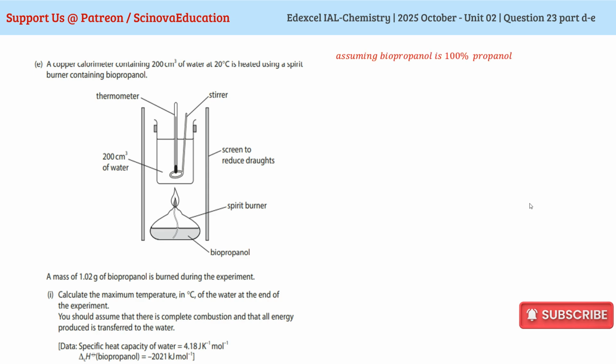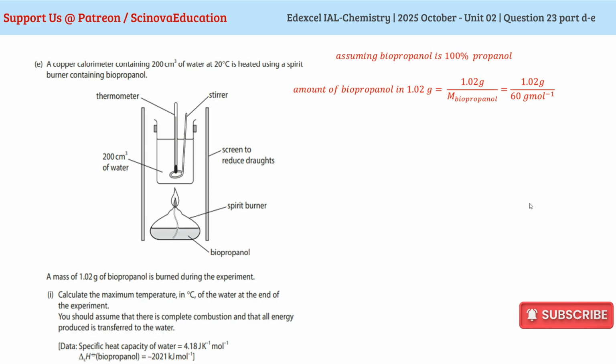assuming that biopropanol is 100% propanol, we can start our calculation because we need to know the molar mass value which can represent biopropanol. So for that, I'm going to use the molar mass value of propanol by assuming biopropanol is completely propanol.